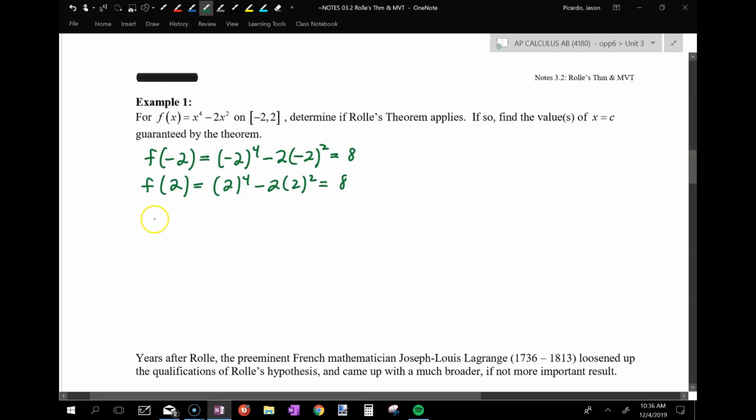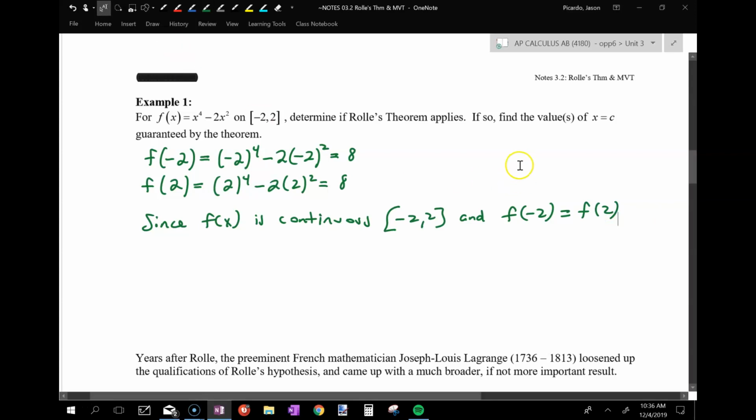And what I could say is what? Since f of x is continuous on the closed interval -2 to 2, and f of -2 is equal to f of +2. So what does that mean? That means at the endpoints, I'm at the same y position.